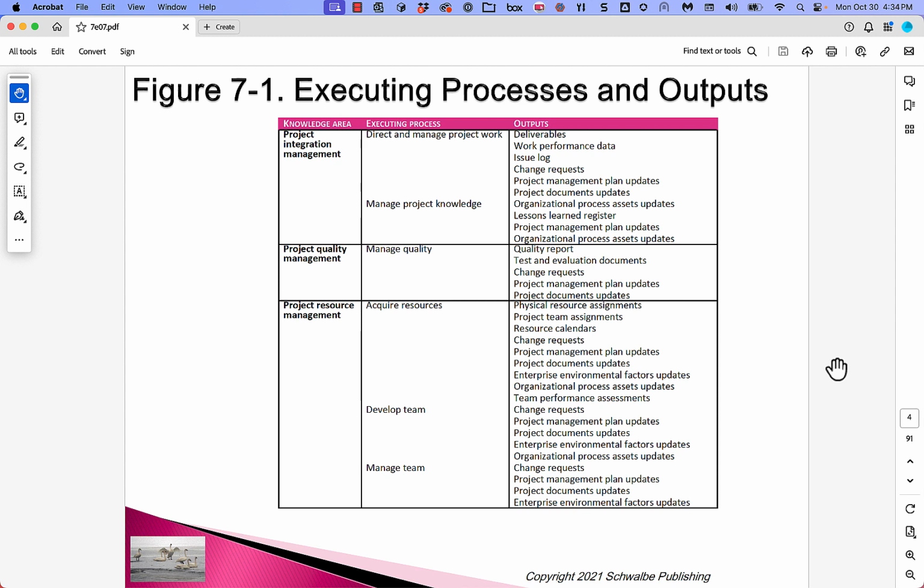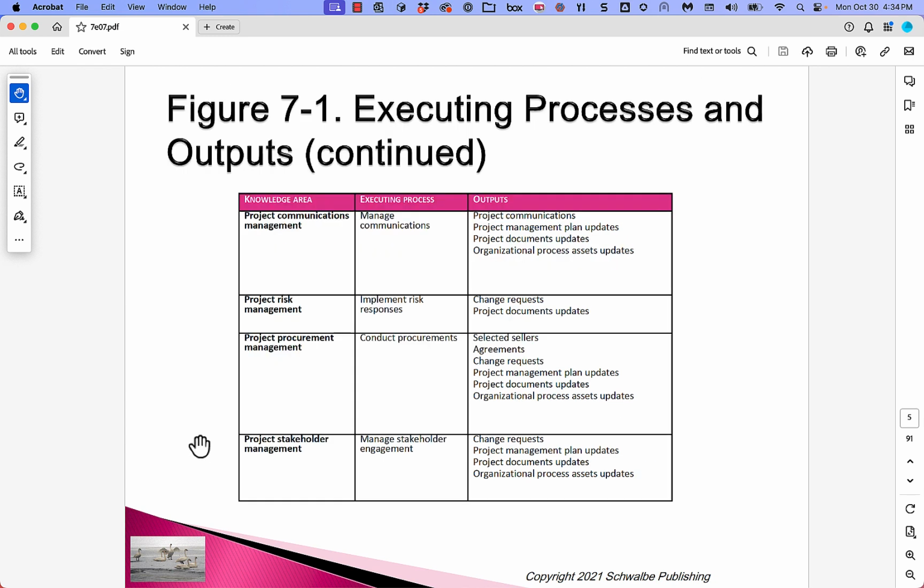So we have here part of a table that comes out of the PMI Project Management Body of Knowledge, or the PMBOK, and it shows all of the knowledge areas. There are 10 of those, so there should be more than one slide.